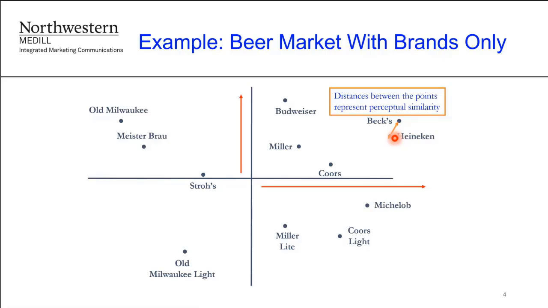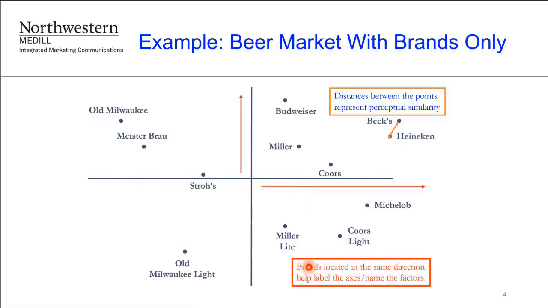Then what about Old Milwaukee Light and Budweiser? The distance between those two is rather big, right? So that means those two brands are perceptually different, okay? So, things like that.